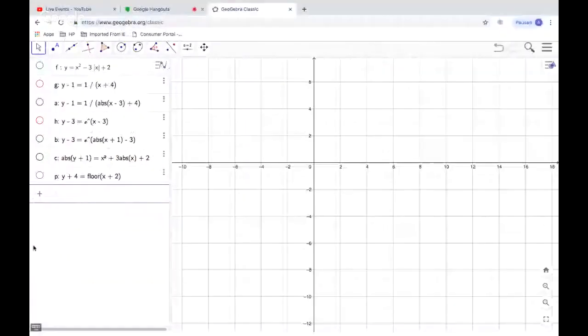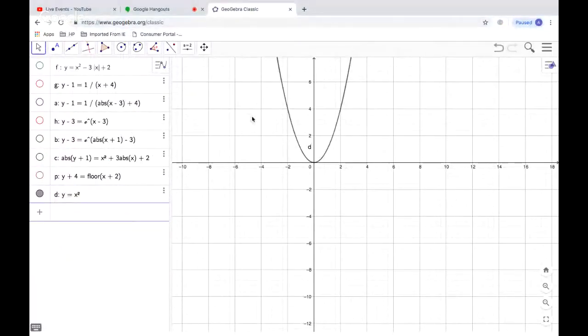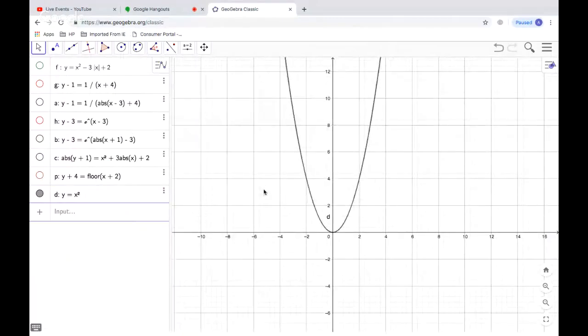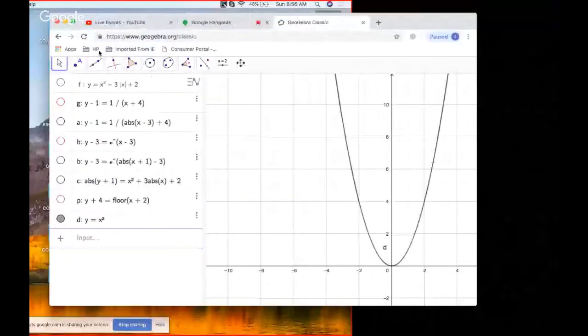So let's say y is equal to x square. I'll just show you first. Now see what is going to happen. I'm just going to draw it here itself, just to show what is happening.